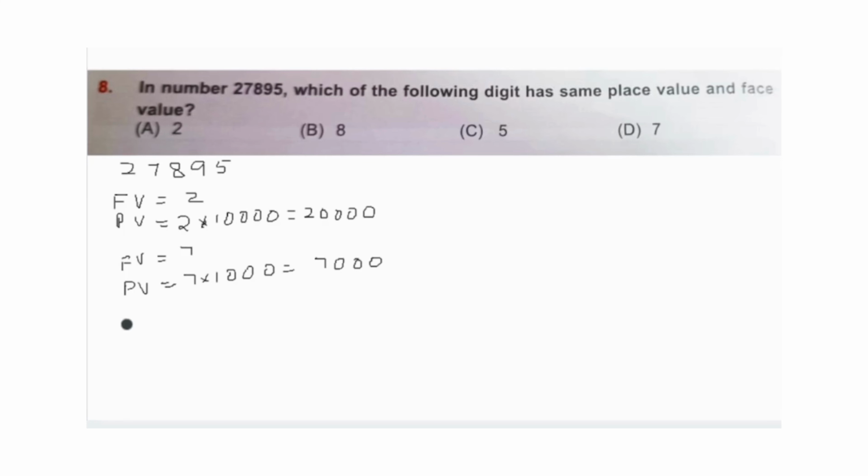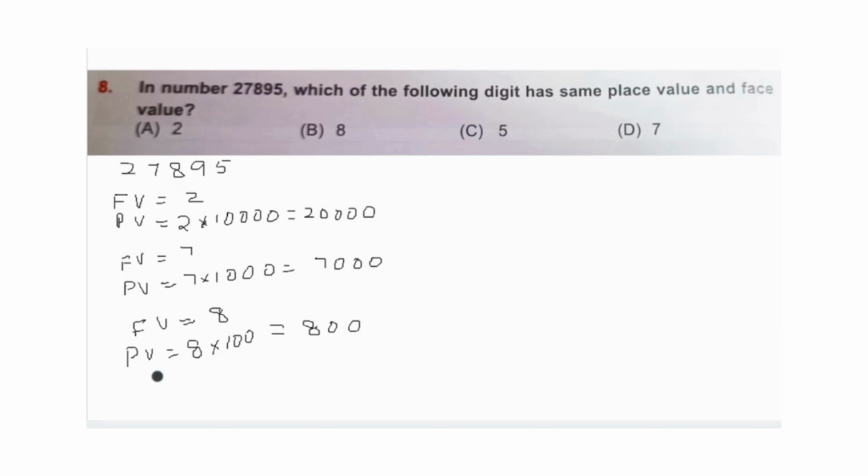Let's go to the next digit, which is 8. So the face value is going to be 8 and the place value is going to be ones, tens, 100. So it's going to be 8 times 100, which is going to be 800.